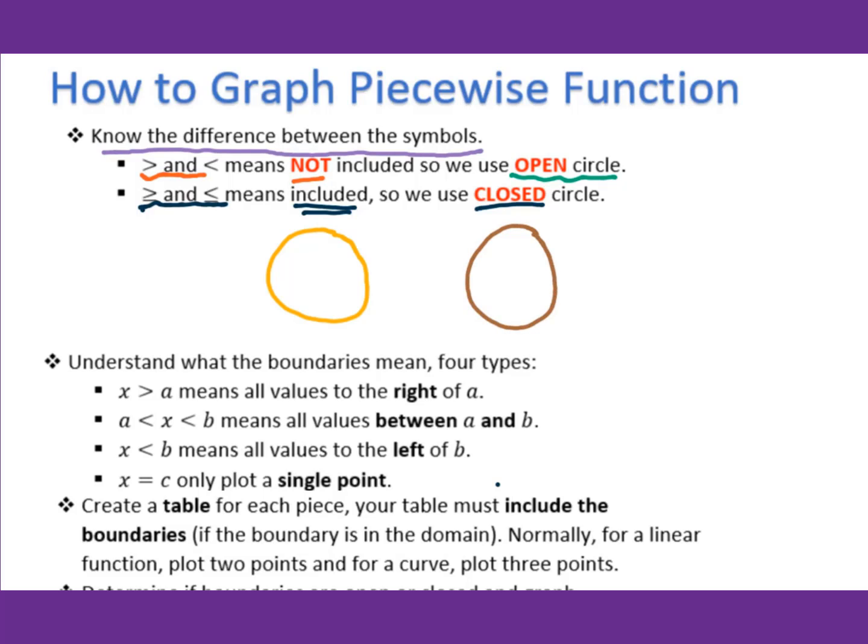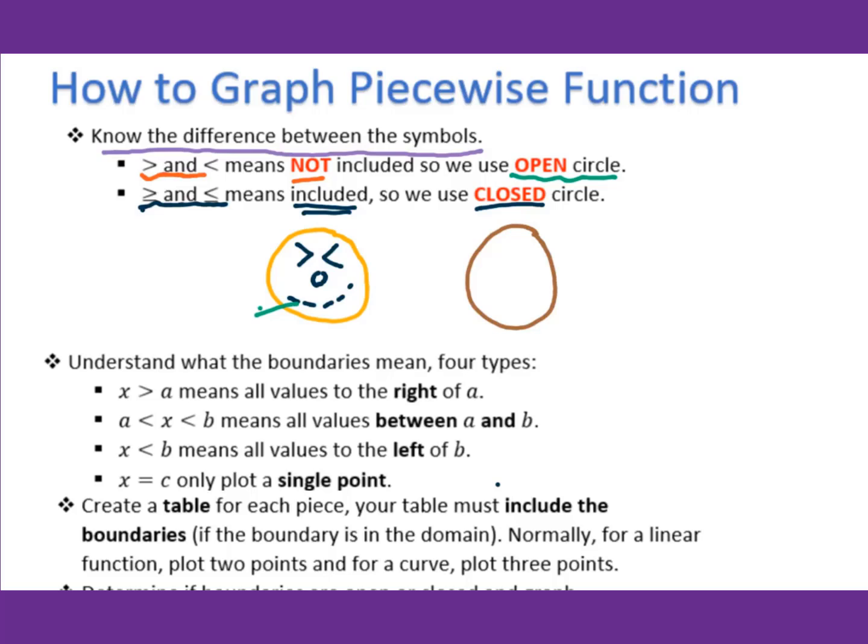When you have a greater than or less than, no equal sign, it means open circle. If you want to sketch an inequality function, you have to use a dotted line. We call this a happy face.